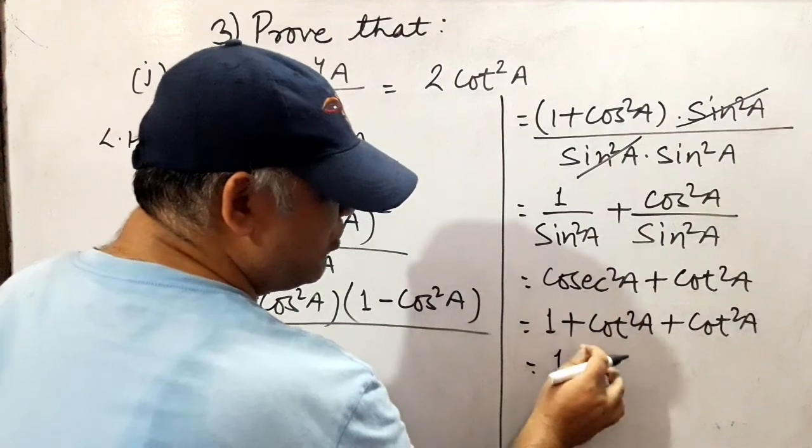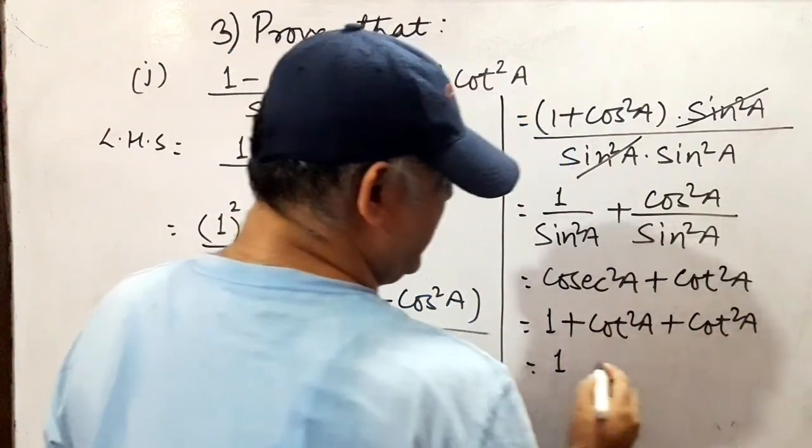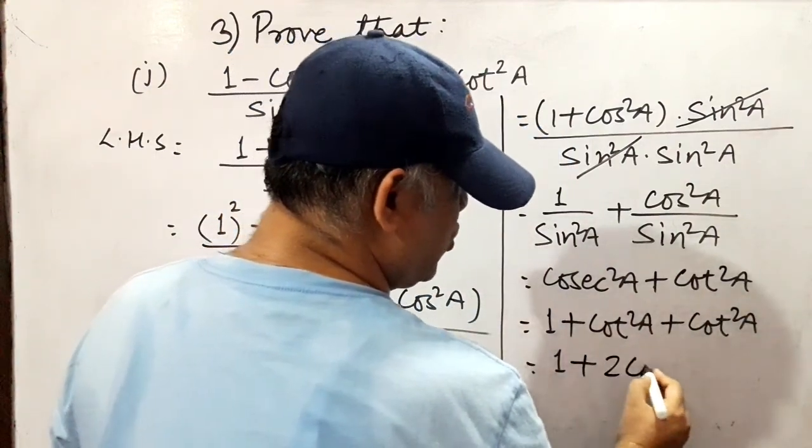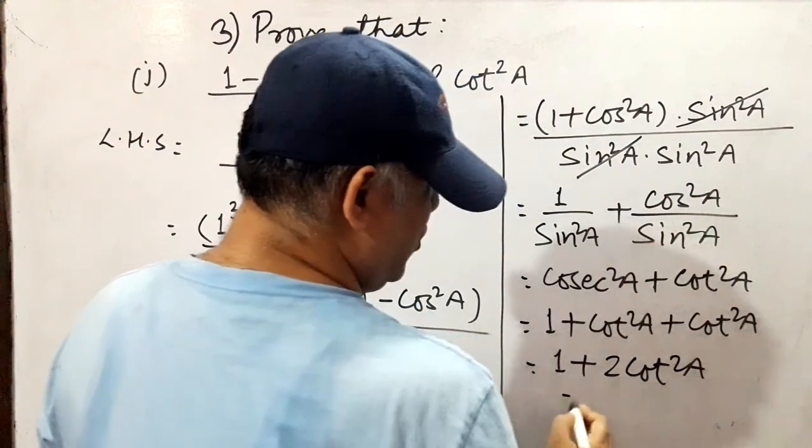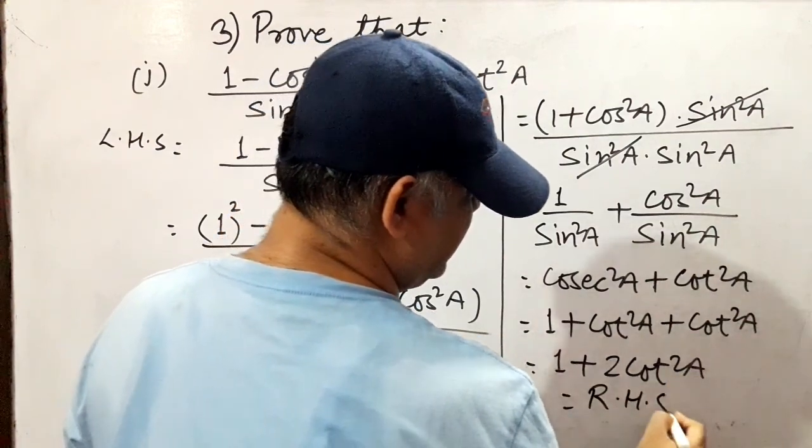So 1 plus cot^2 A plus cot^2 A is 2 cot^2 A, which is our right hand side.